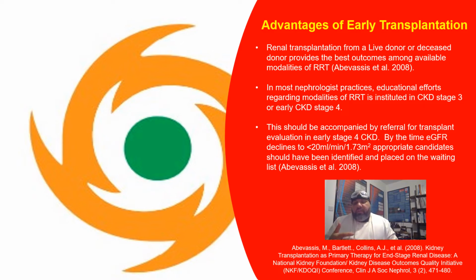In most nephrology practices, educational efforts regarding modalities of renal replacement therapy are instituted in around CKD stage 3 or early CKD stage 4. This should be accompanied by a referral for transplant evaluation in early CKD stage 4, and by the time the estimated glomerular filtration rate declines below 20 mL per min, appropriate candidates should have been identified and placed on a waiting list.